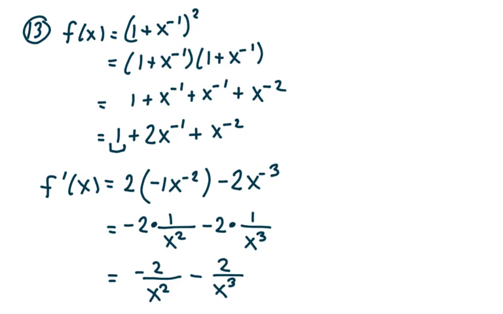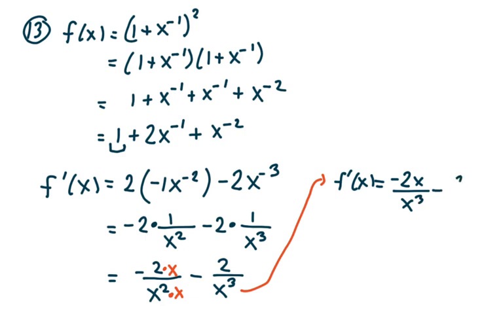Now, if we want a common denominator here, I'm going to multiply the first term in the numerator and denominator by x. I'm going to draw a line over here, and I'm going to say f prime of x is negative 2x over x cubed minus 2 over x cubed.